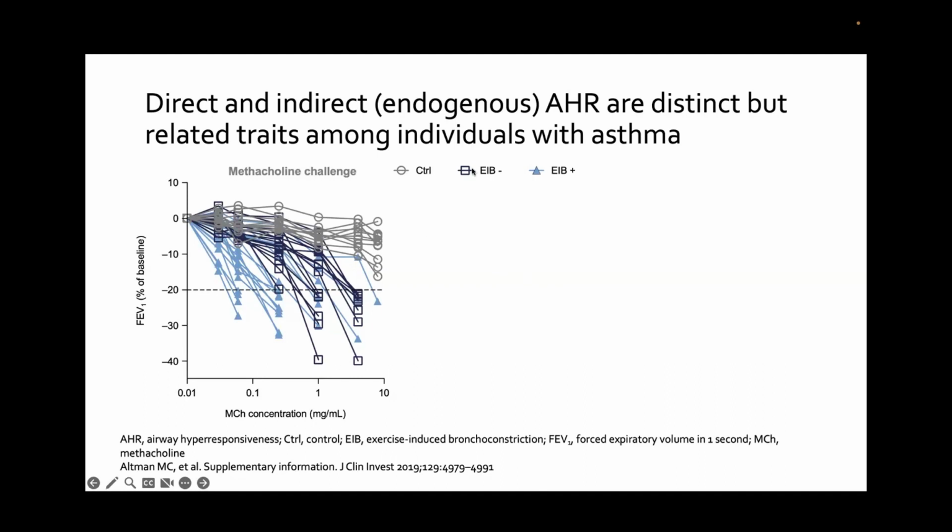You can see there are controls and individuals with asthma, and quite a lot of overlap if you plot it this way, including a bunch of the patients with asthma who would be considered to have an indeterminate test. That is, it takes enough methacholine to get them to bronchoconstrict that it neither makes it more likely nor less likely that they have asthma.